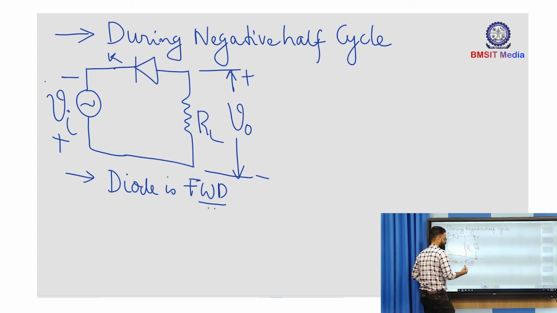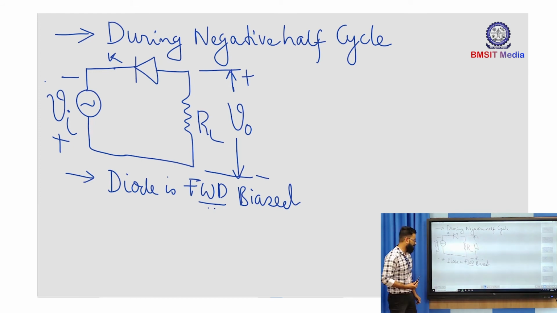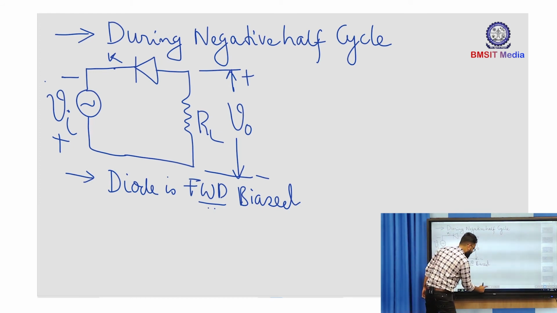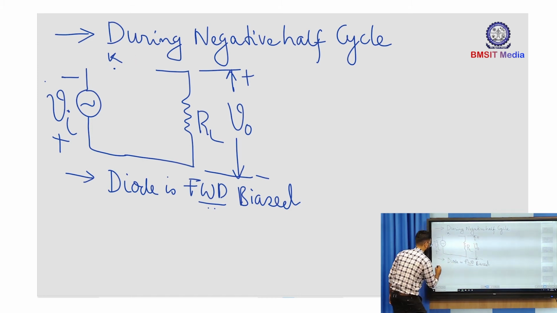So in short, FWD, forward biased. Okay. So whenever the diode is forward biased, you can replace the diode symbol with the short circuit equivalent.